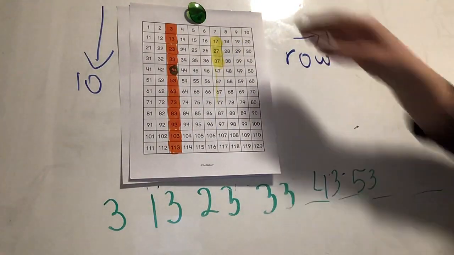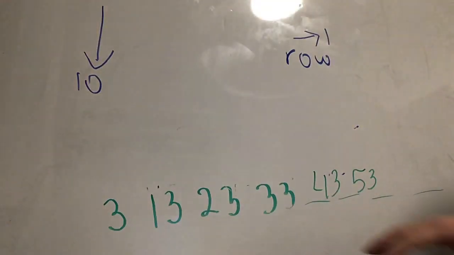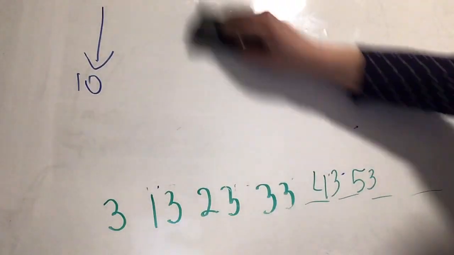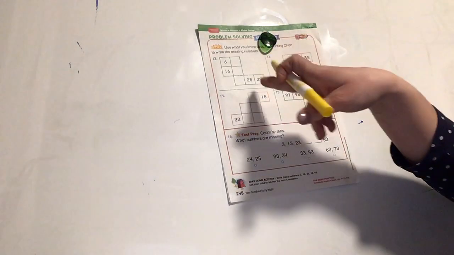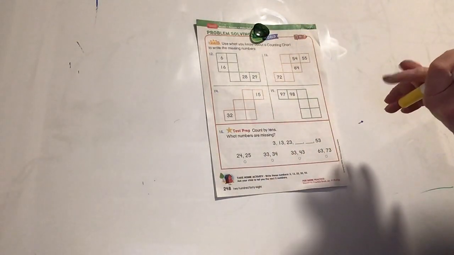On the last page, I'm going to erase everything, and I'm going to show you what you need to do. I'm going to do it, whoa! Sorry. Oh, that's why Mrs. K wants to go back to school. Okay, so on the last page, what we have to do is fill in the blanks and use what you know about the counting chart and write the missing number.